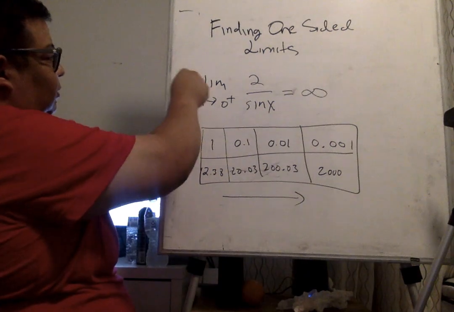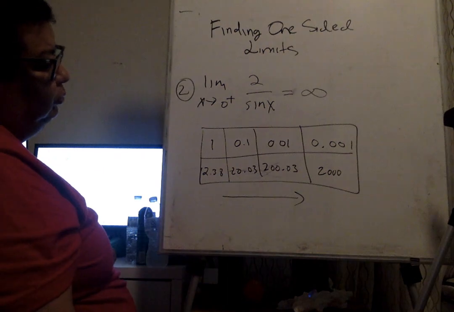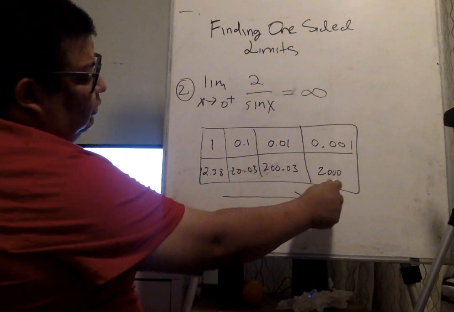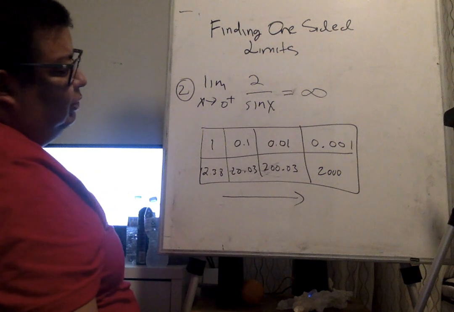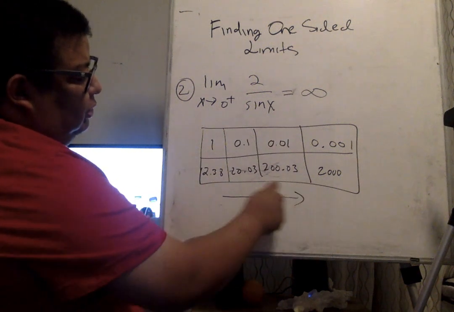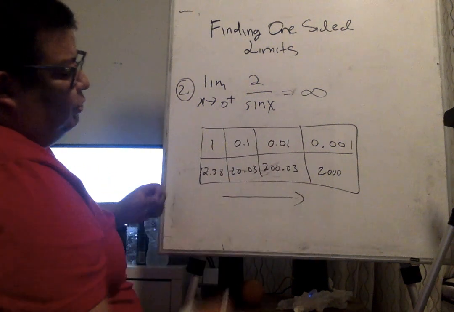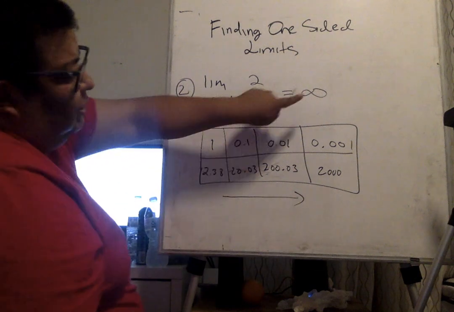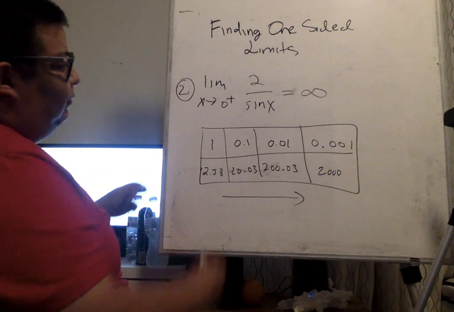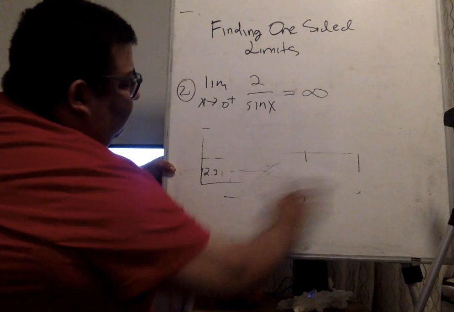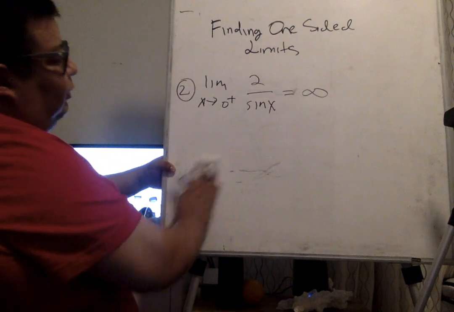So this is problem number 2. You can see it's getting bigger, so it's approaching infinity. It's not getting closer to a number, it's just getting bigger. That means that it's approaching infinity from the right side.